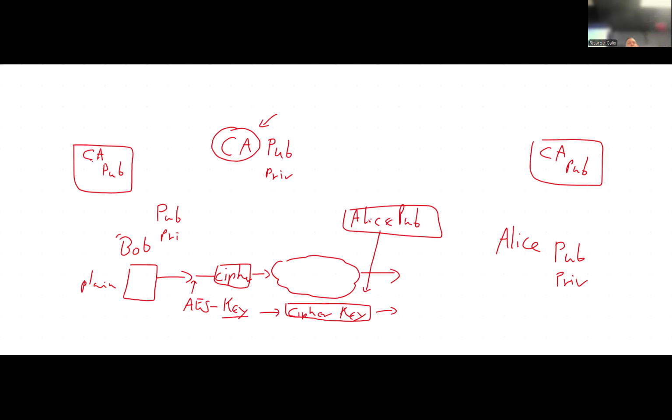So that means the CA will sign Alice's pub with their private key. Do you understand? So here you get the CA private, which will sign Alice's pub. So now this has a digital signature that is received by Bob. And then what does Bob do? Verifies. Verifies with what?